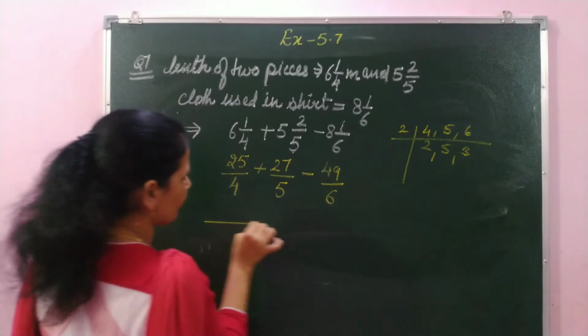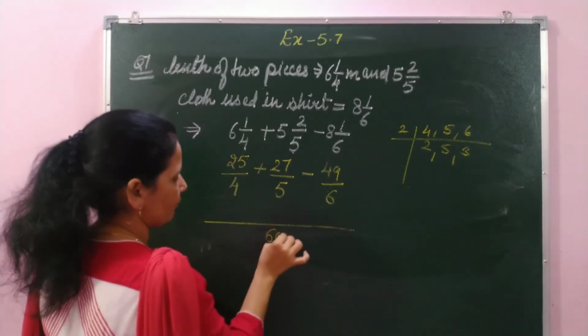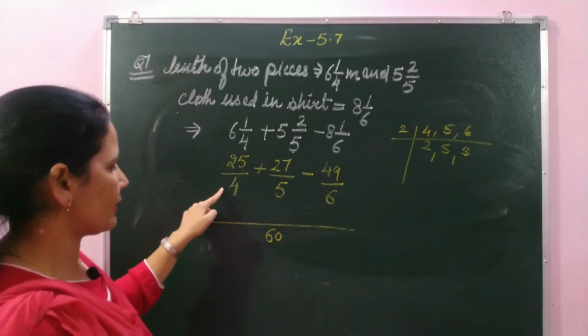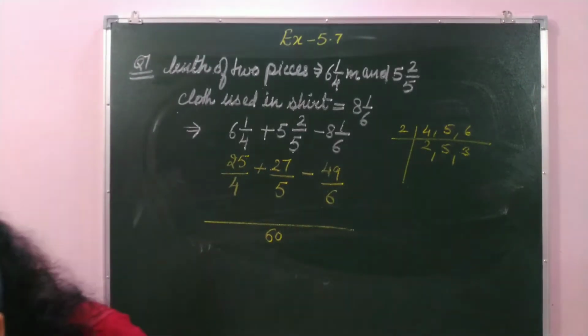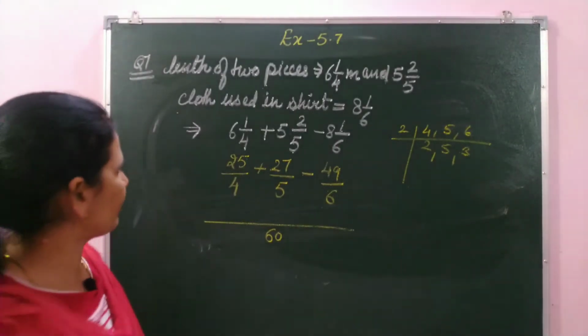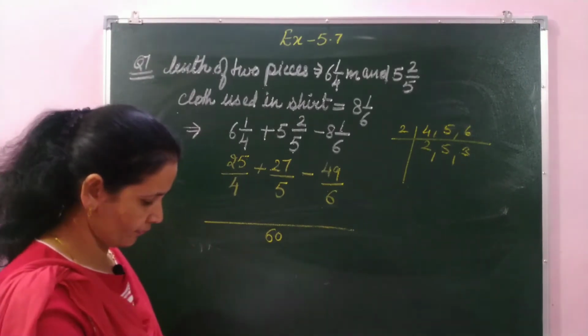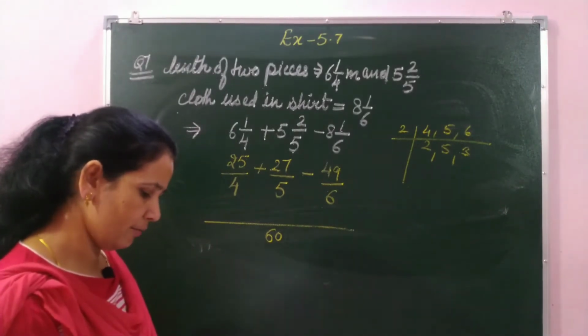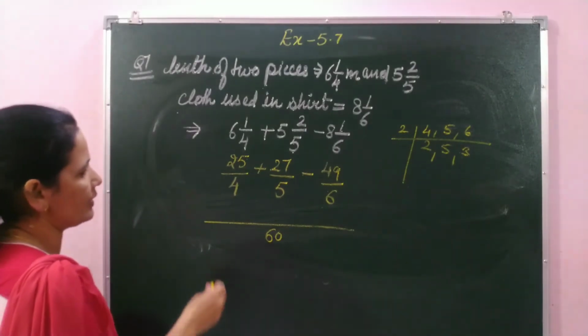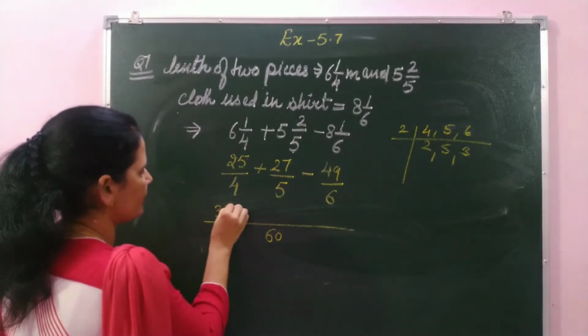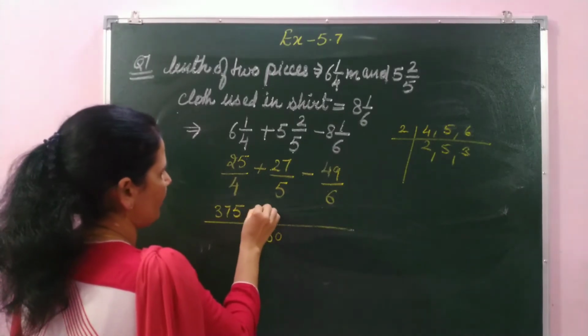From here students, we get LCM 60. Okay, 60 divided by 4, we get 12. And 12 multiplied by 25, then we get 375.